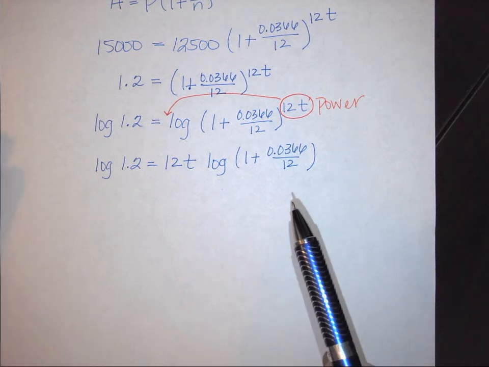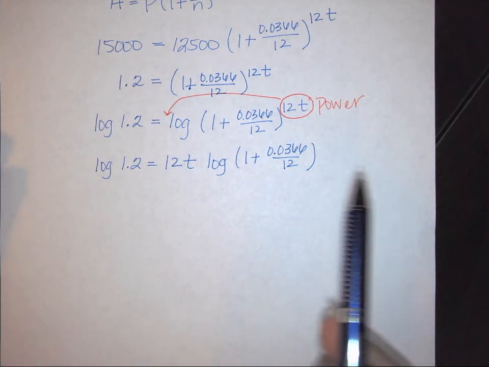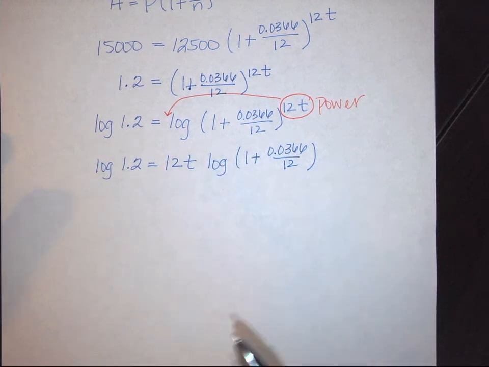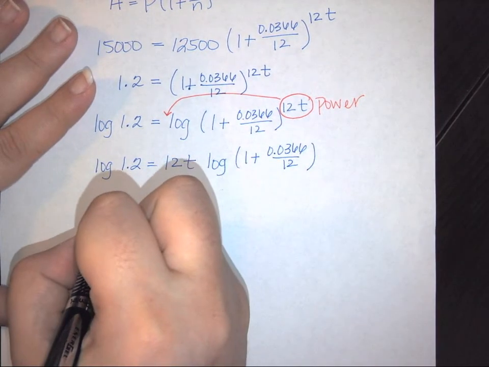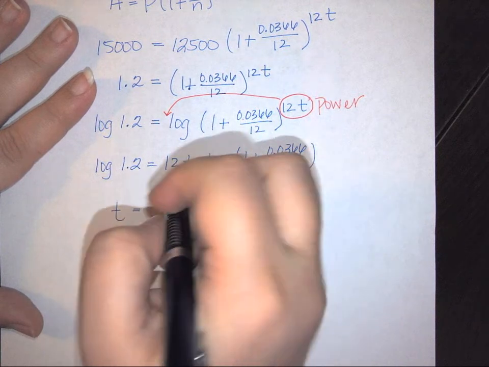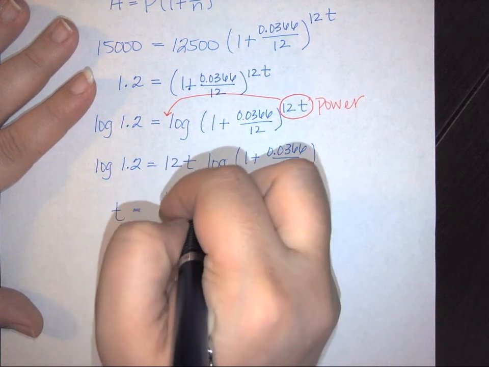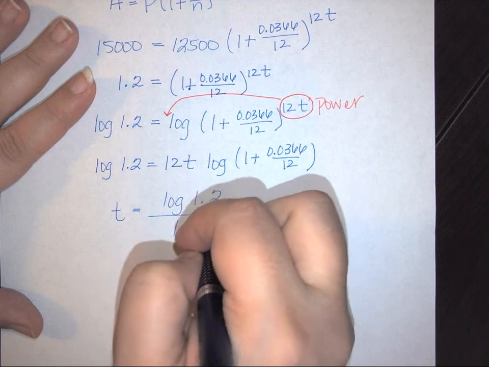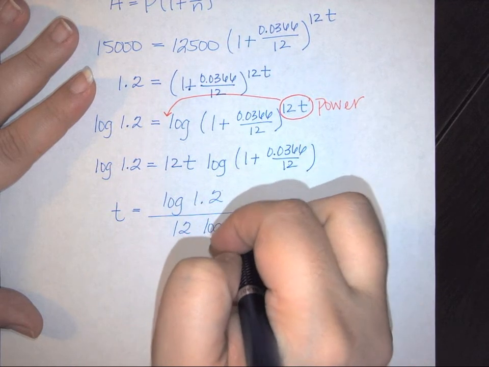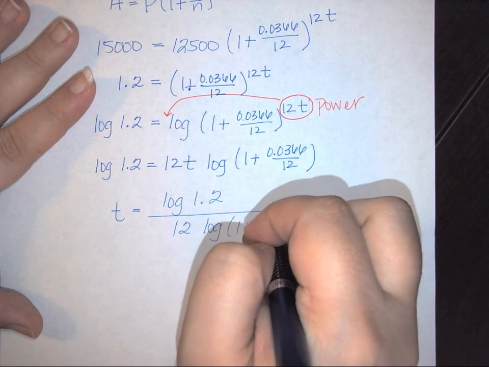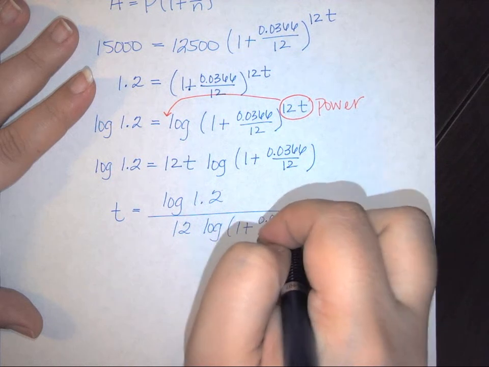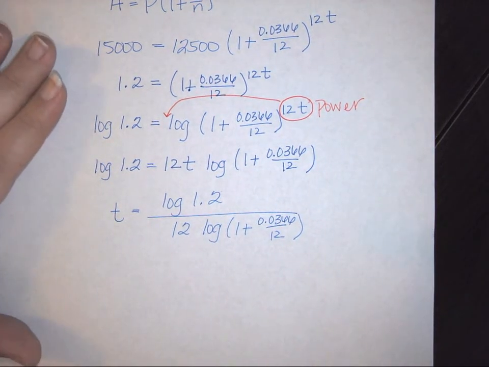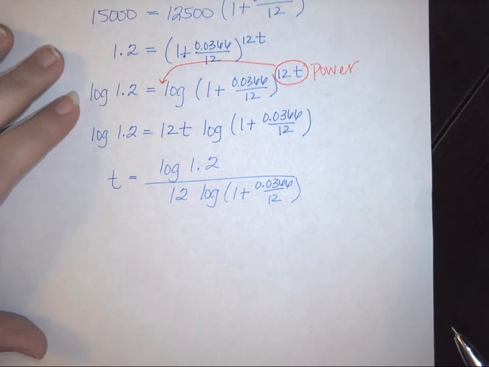And so here I simply have to divide everything by 12 log of my stuff. So I get that t is equal to the log of 1.2 over 12 log of 1 plus 0.0366 over 12.